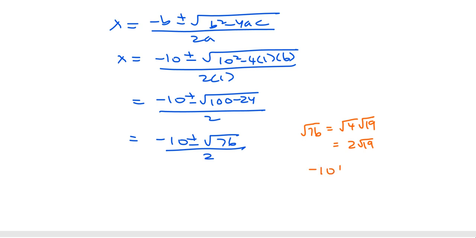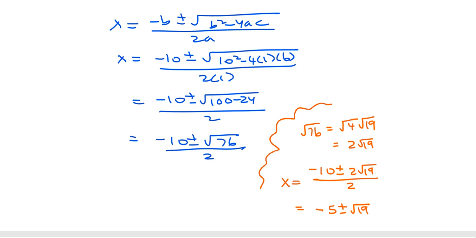So what I have is negative 10 plus or minus 2 times the square root of 19 over 2. And I can see that every term in this expression can be divided by 2. So I get negative 5 plus or minus the square root of 19. And I've divided all three pieces by 2, and that's why I'm left here. And that's the same answer we got earlier in the video when I did the same question. Only this time I got it by the quadratic formula.